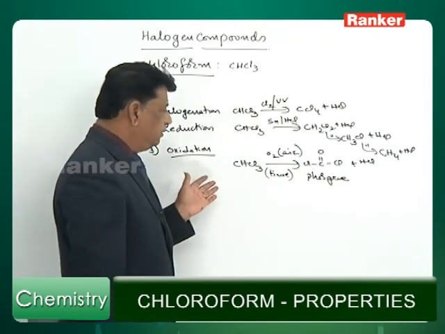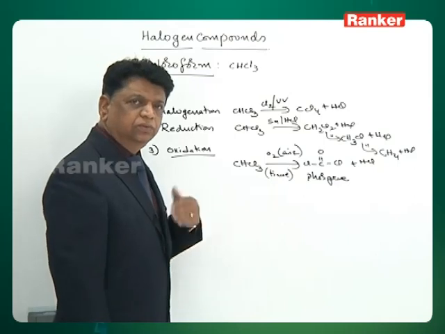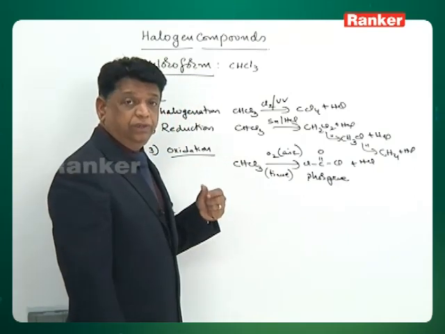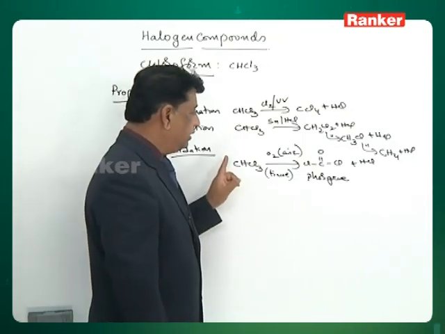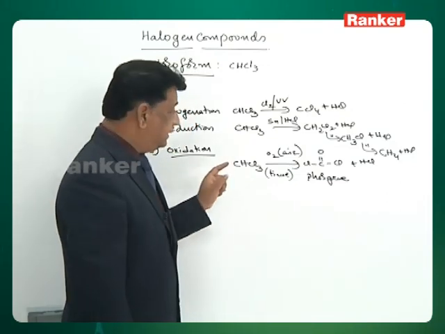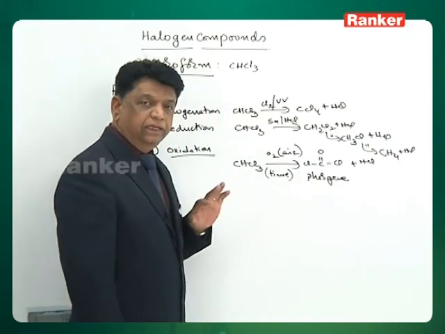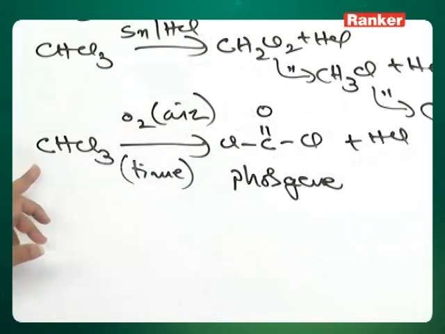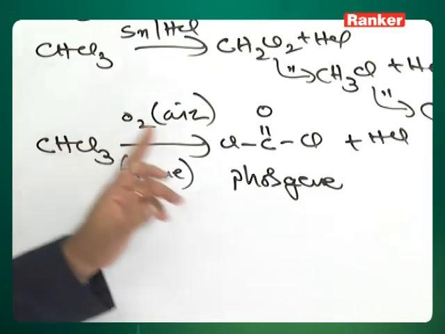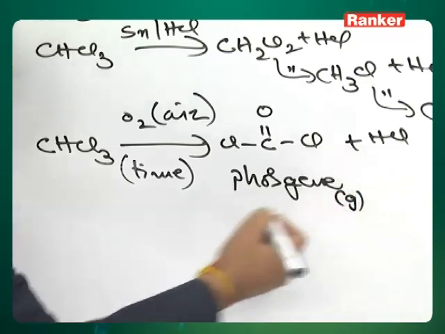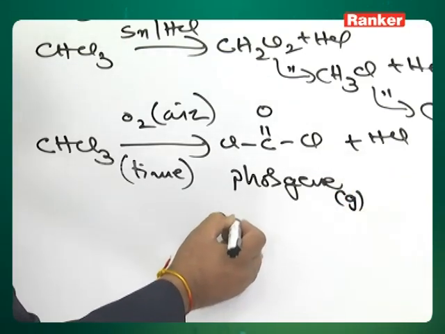So the patient will become unconscious and we do the operations and all that. But unfortunately, if this chloroform is kept for a longer time, some part of the chloroform is converted to phosgene. It is a gaseous compound and it is poisonous also.